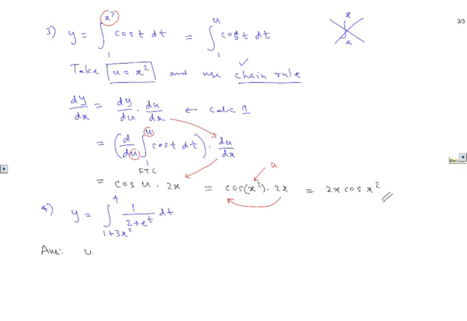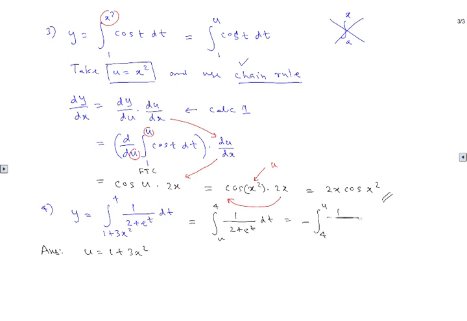You're going to pick u equals 1 plus 3x squared, then your integral becomes u to the number, 1 over 2 plus e to the t dt, and also you can switch the order to bring it to the right form.